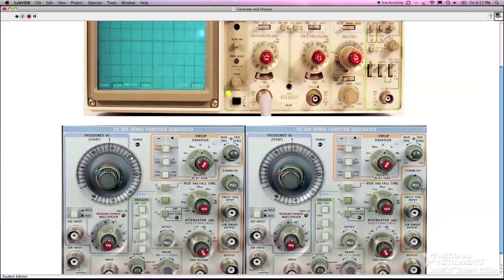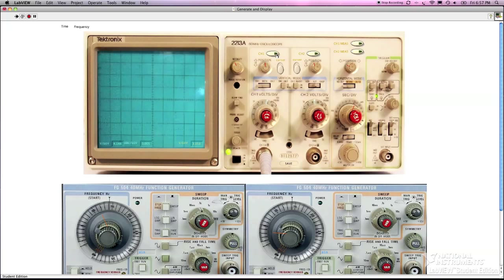So I'll go ahead and turn on one of the channels on this function generator, and you can see I have volts per division, so as that decreases, the signal is going to be zooming in. And each of these divisions is represented by this measurement.